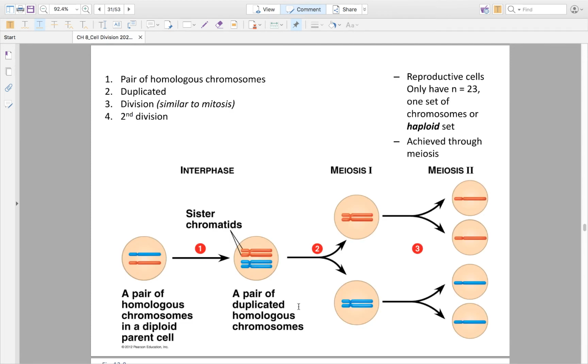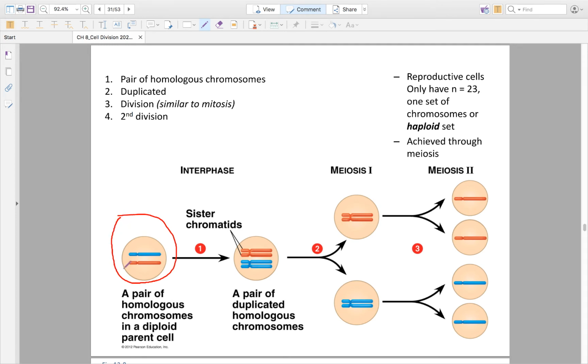All right, let's take a look. So this is a short, quick version of meiosis. And basically what they're emphasizing here is that there are 2 divisions. Let's go ahead and look at what they've done here. They've given us this parent cell right here, and they've given us 1 set of homologous chromosomes.